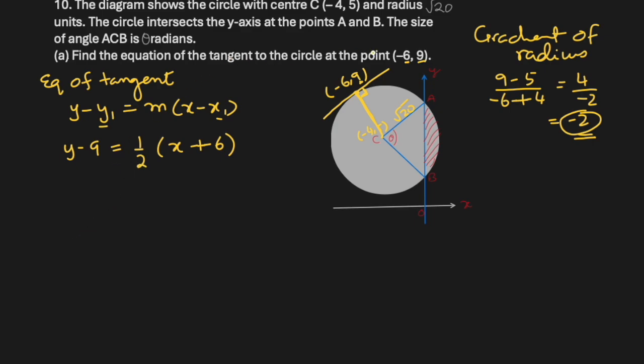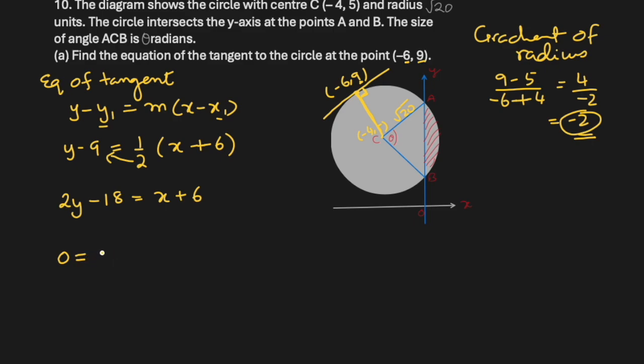And now, do we need any particular format? No, they have not written one, so we'll just cross multiply by 2 here. 2 multiplies with y minus 9, it becomes 2y minus 18 equal to x plus 6. So we can bring everything to the left side.